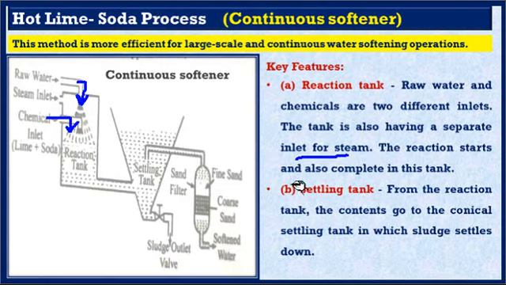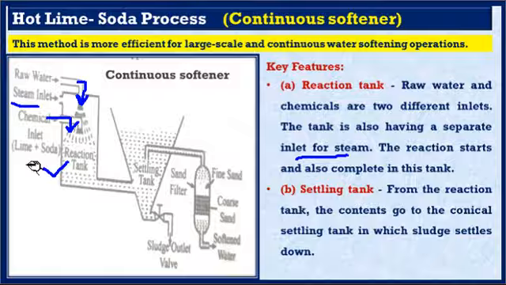The reaction starts and also completes in this tank because, due to the steam inlet, the temperature is much higher. With the reaction of lime and soda, the different hardness causing salts get precipitated. Now all the contents of the reaction tank can be passed to the settling tank.